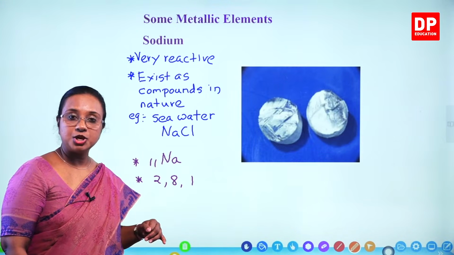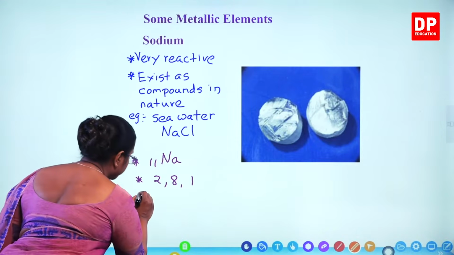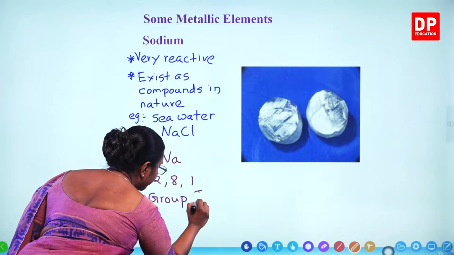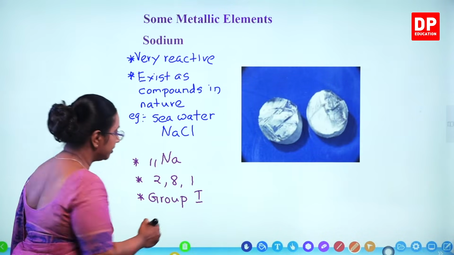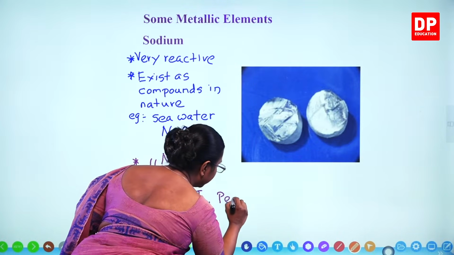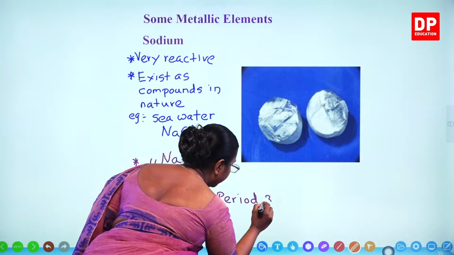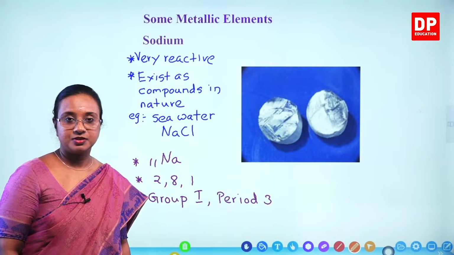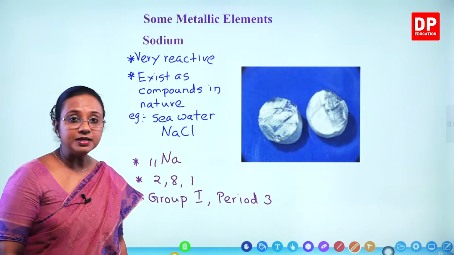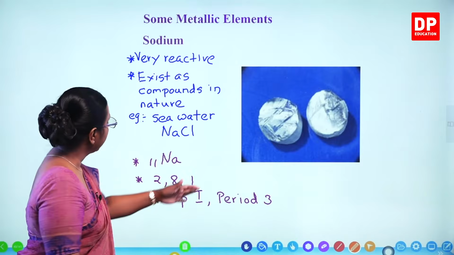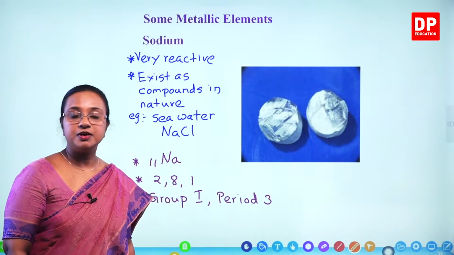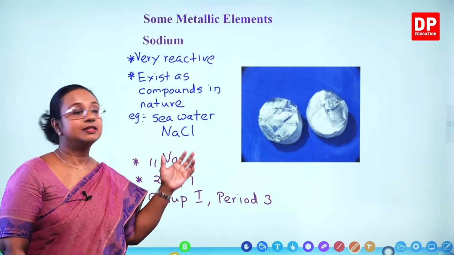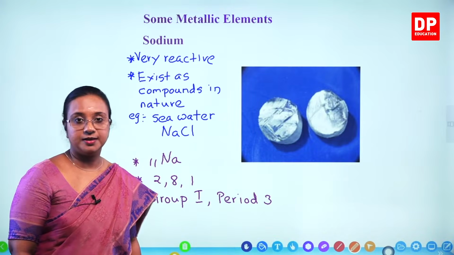So what is the position of sodium? It belongs to group 1 because it has 1 valence electron, and it is present in period 3 because it has 3 shells containing electrons. So now we looked at some common properties of sodium, and we saw the position of sodium in the periodic table. Now we will discuss the physical properties of sodium.